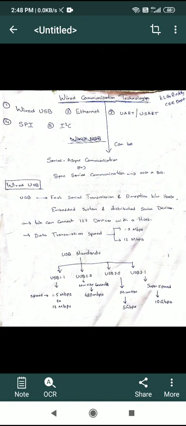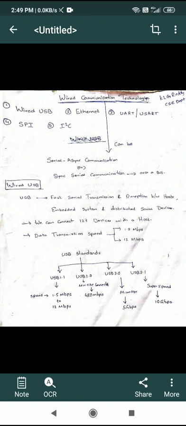These are the 5 wired communication technologies. This wired communication can be serial asynchronous communication or synchronous serial communication. Both types of communication are present in wired technologies.